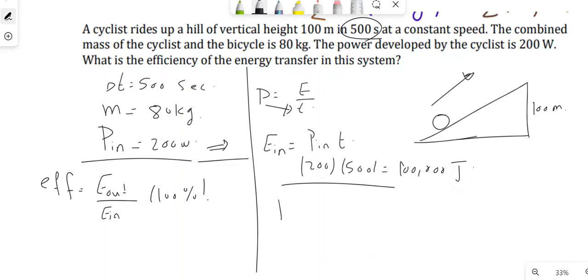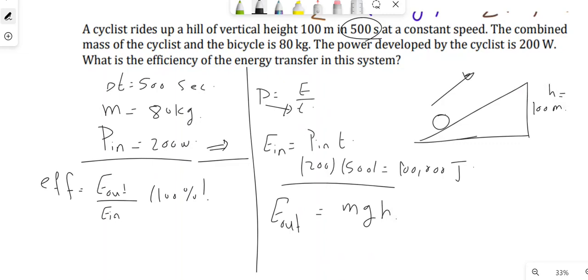Now I need energy out. Since the object is moving up, I will have a change in the gravitational potential energy. Gravitational potential energy is mgh, mass times free fall acceleration times the height h.